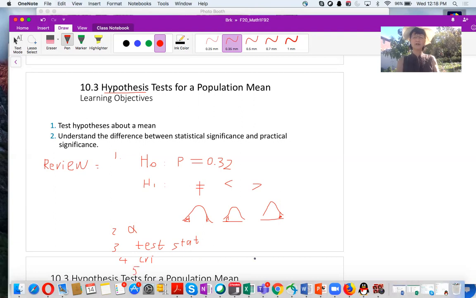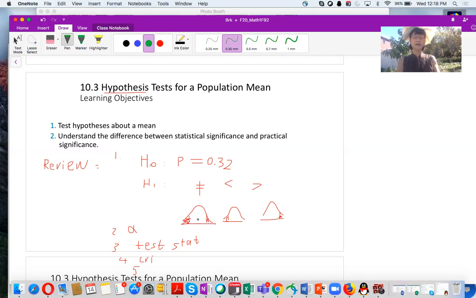And how do you draw conclusion? You compare step 3 with step 4. Remember, in step 4, you get the critical value. Critical value decides the rejection region. So those tails are the rejection region.